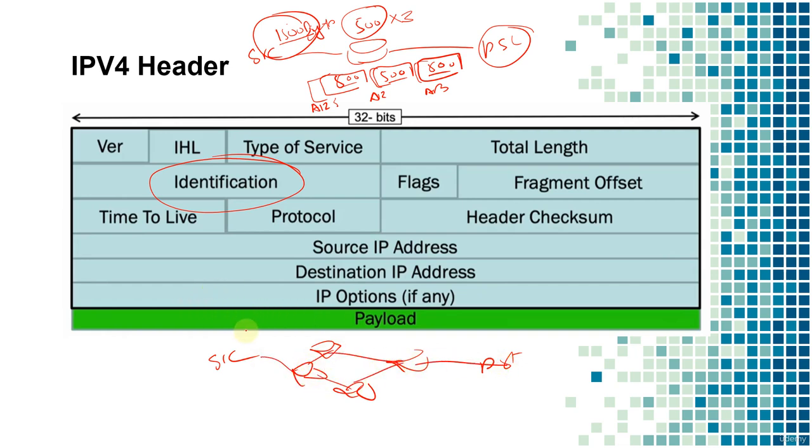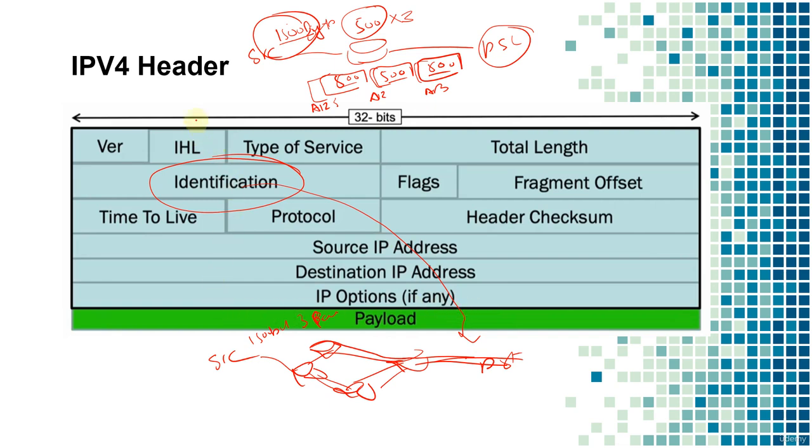So the chances are, in case this single packet with 1500 bytes is divided into three packets of 500 size, one packet takes this path, another packet takes this path. So this is where the identification will be helpful at the destination end.